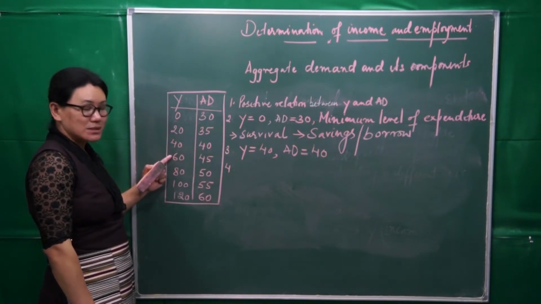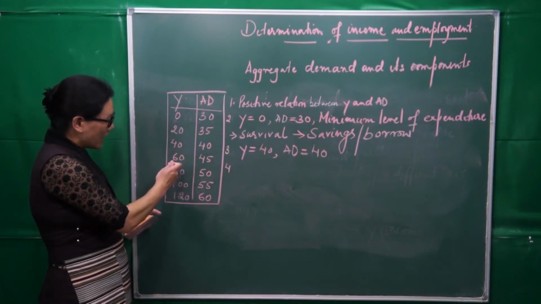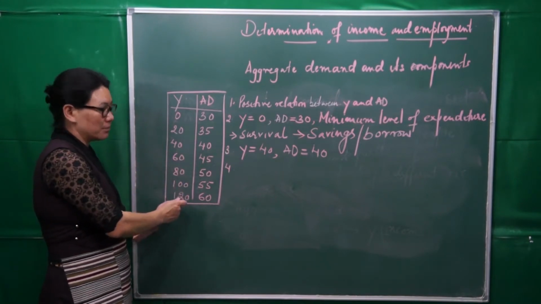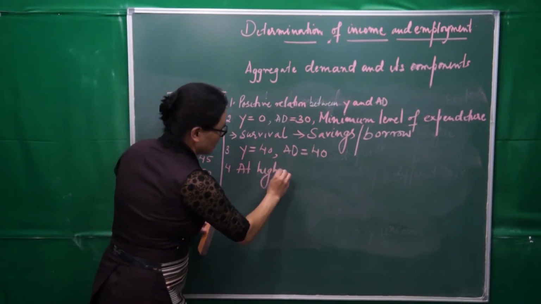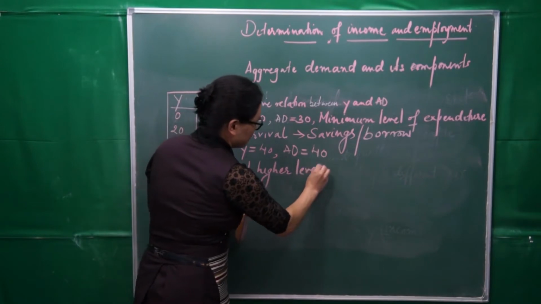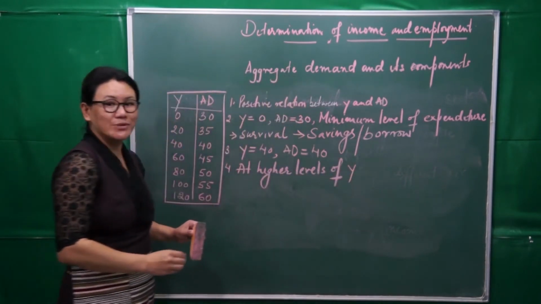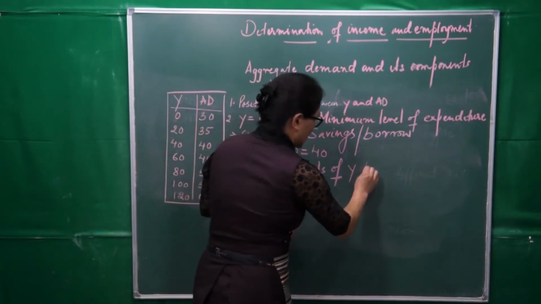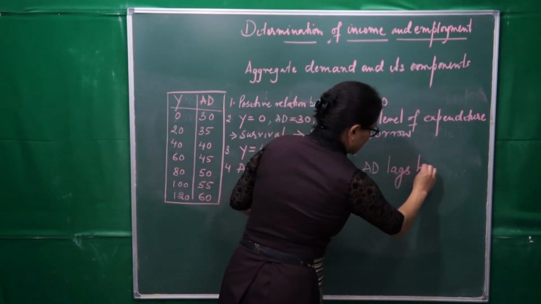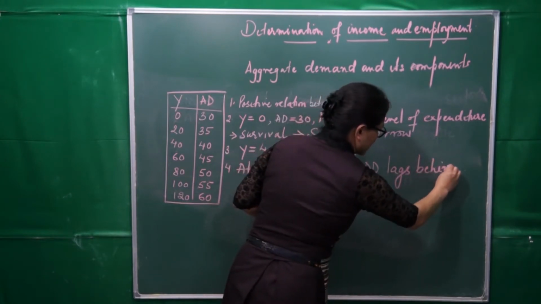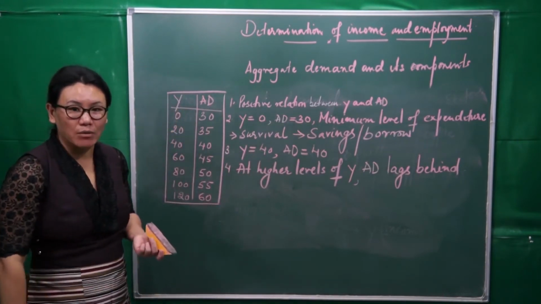Now, as income rises, or we can say at higher levels of income, what happens to AD? AD will lag behind. AD will slow down.